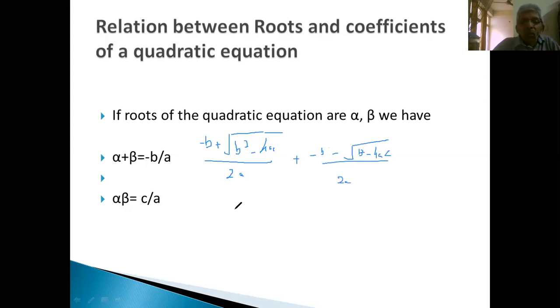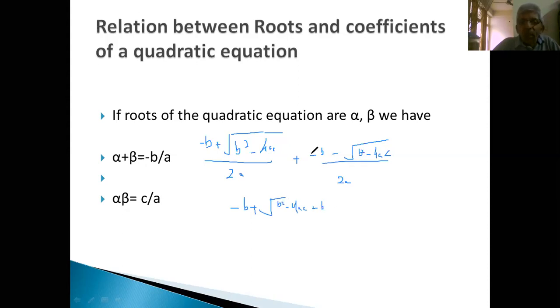We take 2a as common, LCM, and we get minus b plus under root b square minus 4ac, plus minus b.